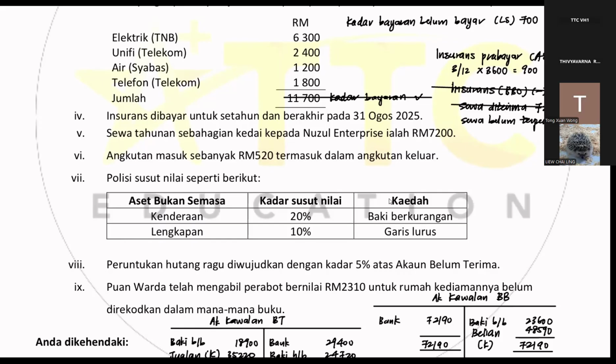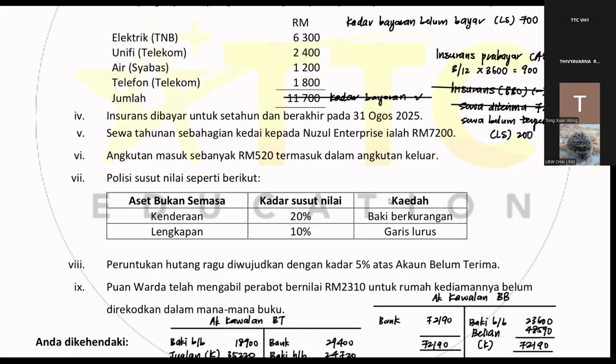What's the classification for sewa belum terperoleh? You receive the money now, but you owe people next year rental service. Whenever owe people anything, classification AS or LS. Yes, it must be LS. LS for the value extra 200. So one more LS here.